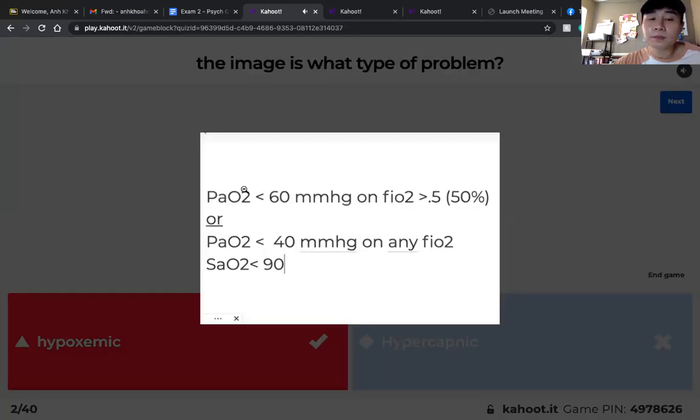All right, so they only give us PO2 issues. PO2 is oxygen, so obviously it's hypoxemic, right? Anything less than 60 on an FiO2 of more than 50%, or PO2 less than 40, and SpO2 less than 90 indicates the patient is in respiratory failure.